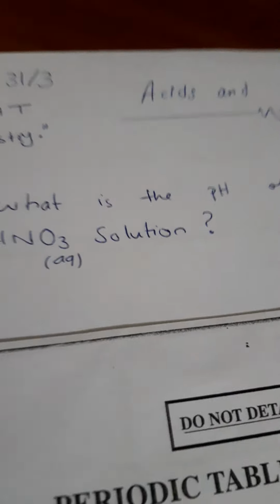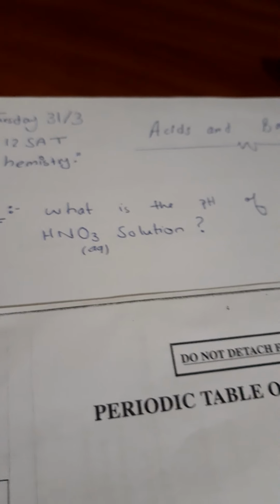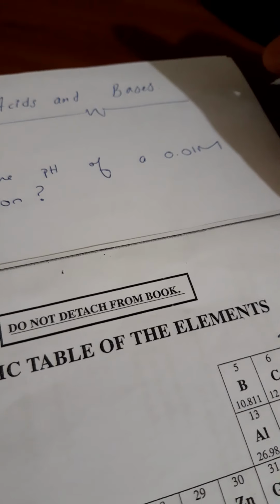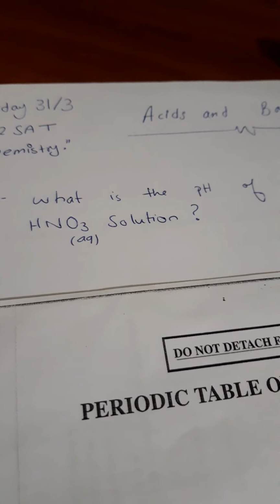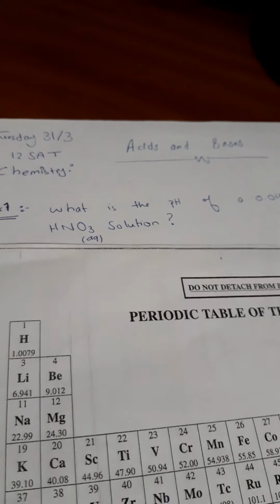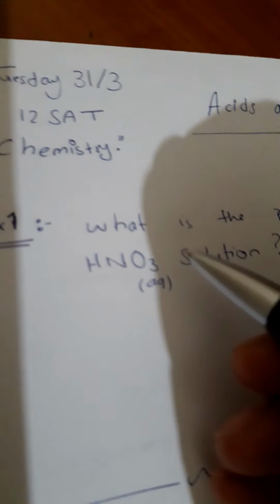Bismillah. The question says, what is the pH of a 0.01 molarity HNO3 aqueous solution? How to solve this question? First of all, shabab, you should know that we need to decide what is the substance that we have here.